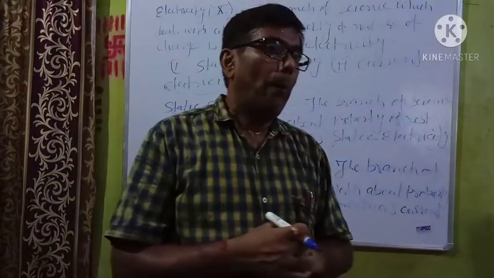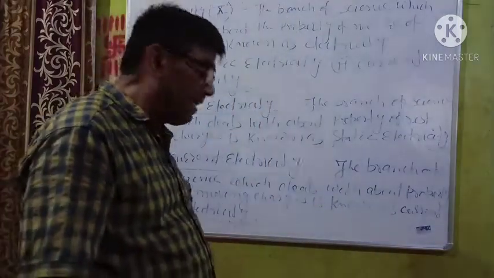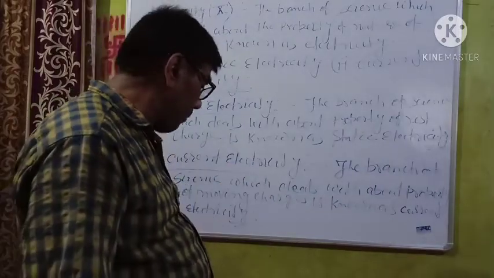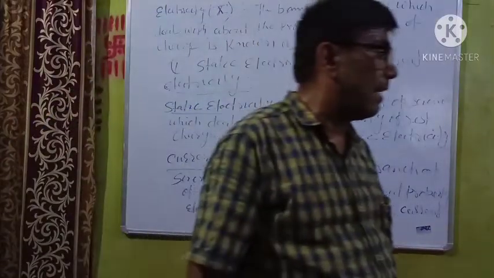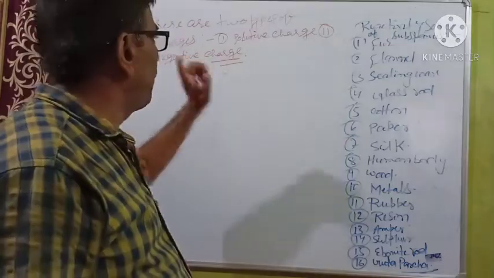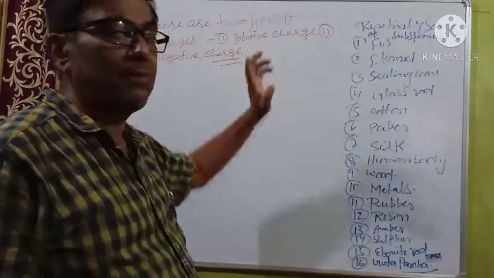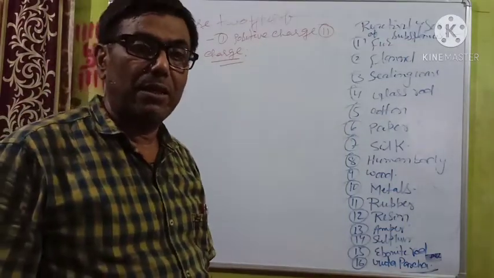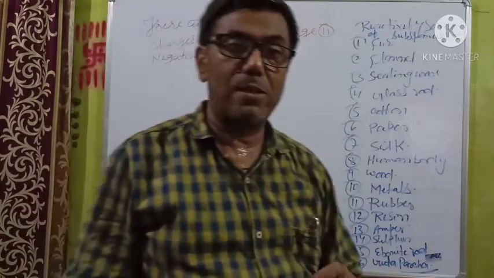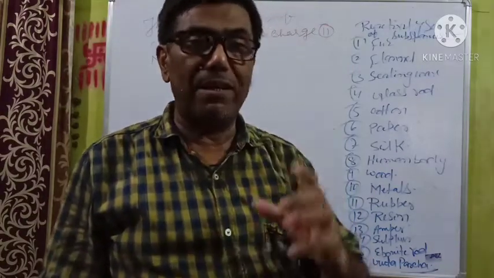So here we write the reactivity series of the insulating elements. There are two types of charges: first positive charge, second negative charge. It was discovered by French scientists in every element.